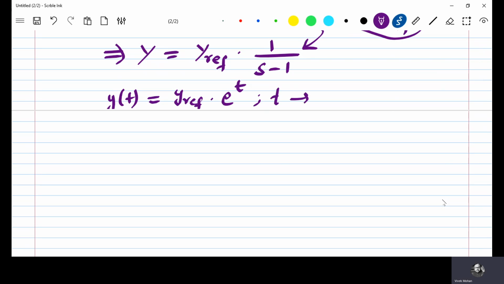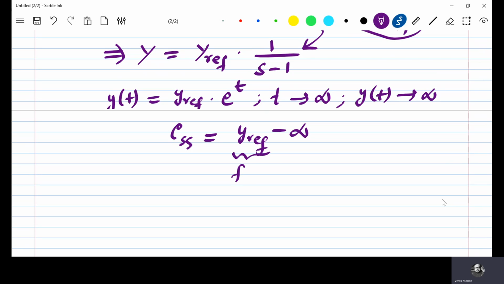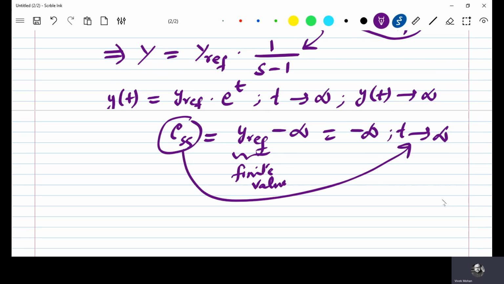So what happens when t tends to infinity? y of t will tend to infinity. So what happens to steady state error? Steady state error becomes Yref minus infinity. Yref is a finite value. Then ESS is becoming minus infinity for t tends to infinity. Of course, ESS is for t tends to infinity.